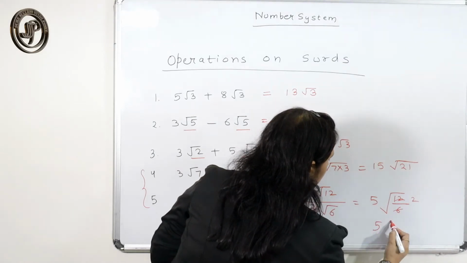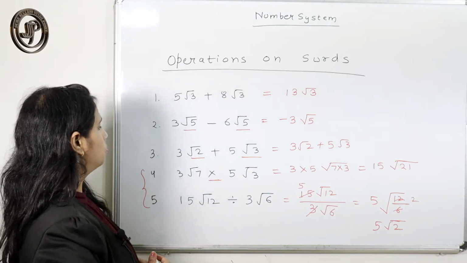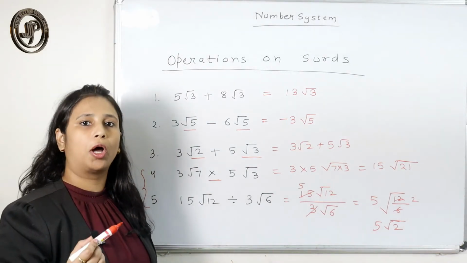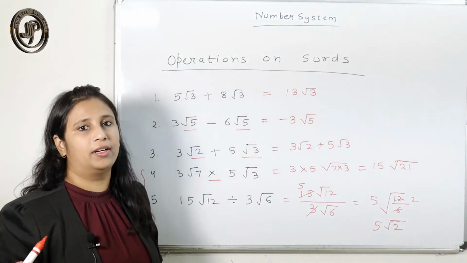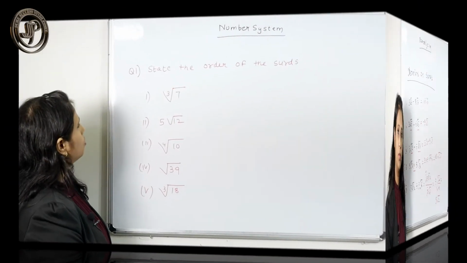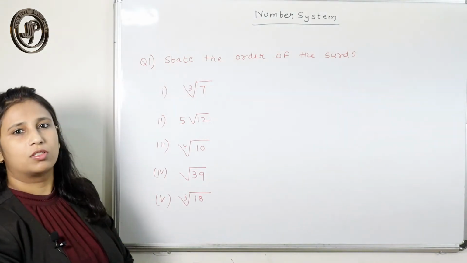So it will be 5 root 2. So this way you can do the operations on addition, subtraction, multiplication and division on surds.